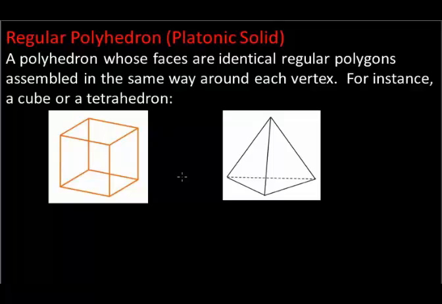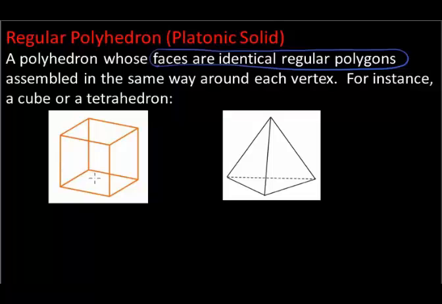A platonic solid is a polyhedron whose faces are identical regular polygons. So that's the first part of the definition.